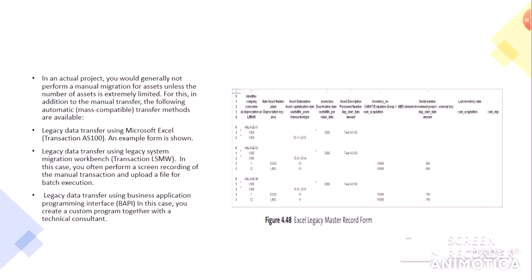In this case, you often perform a screen recording of the manual transaction and upload a file for batch execution. Legacy data transfer using BAPI. In this case, you create a custom program together with a technical consultant. So these are the few methods which we use to transfer the legacy assets to the SAP S/4HANA system.